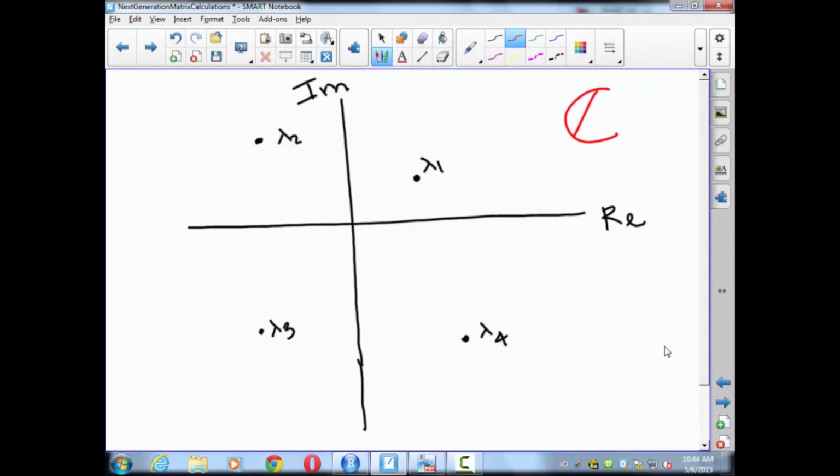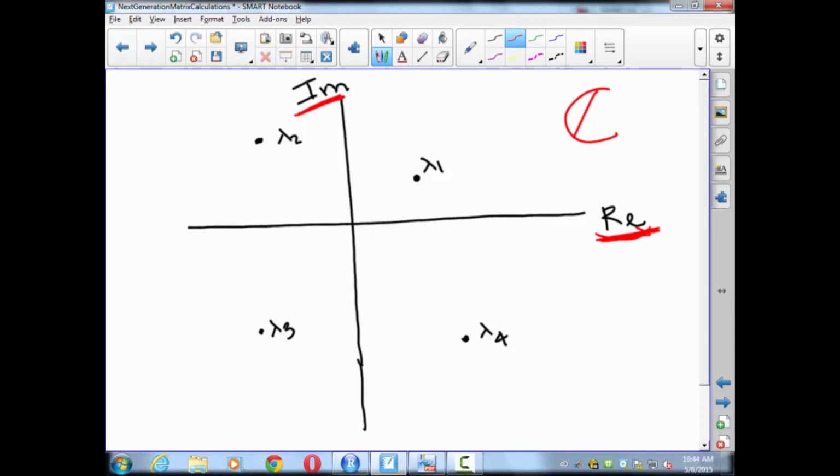The complex plane is C, written with a fancy C. You can think of this plane as having a horizontal axis, called the real axis, and a vertical axis, called the imaginary axis.